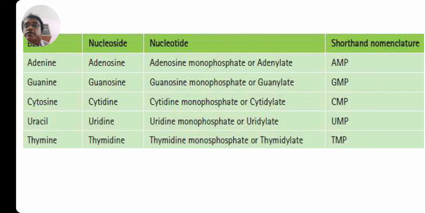From guanine, the deoxyribonucleoside will be deoxyguanosine, and the deoxyribonucleotide will be deoxyguanosine 5-monophosphate or deoxyguanylate.